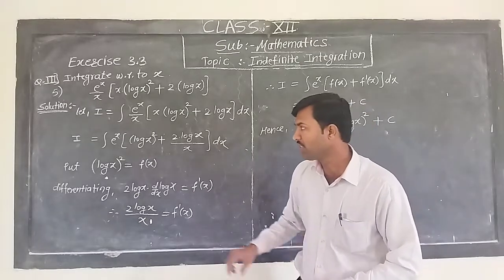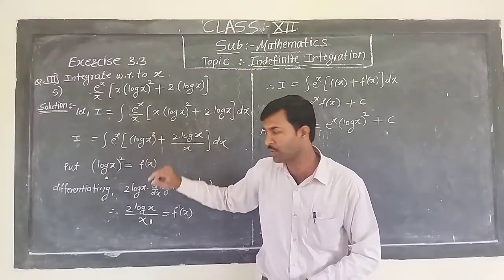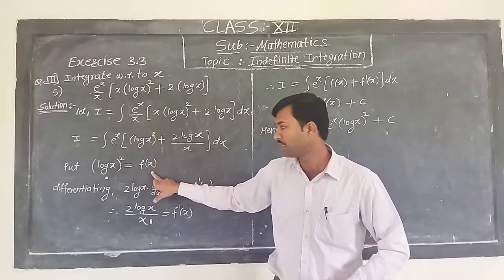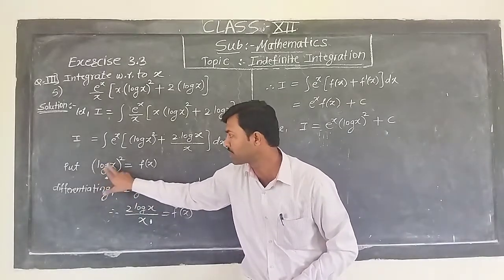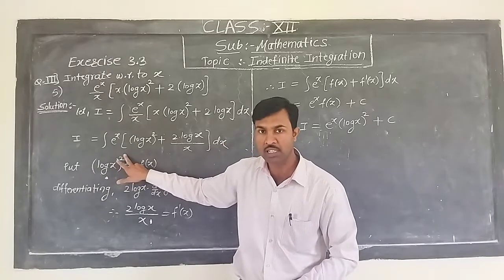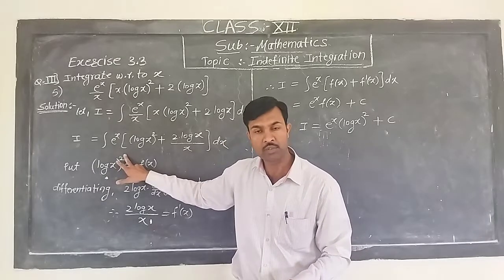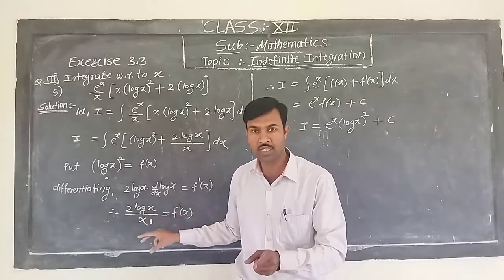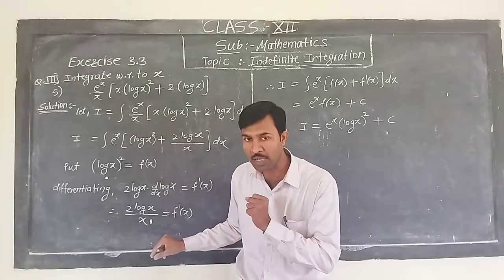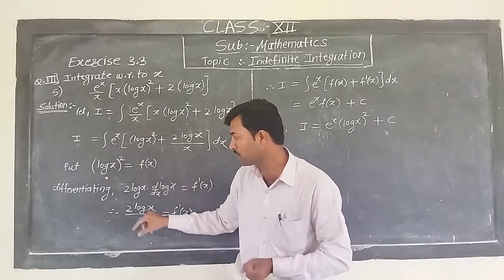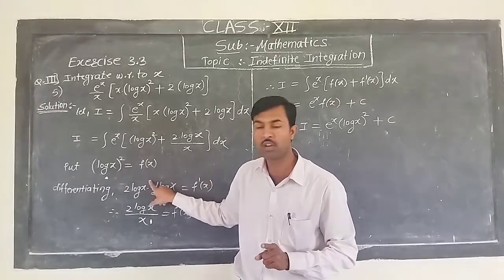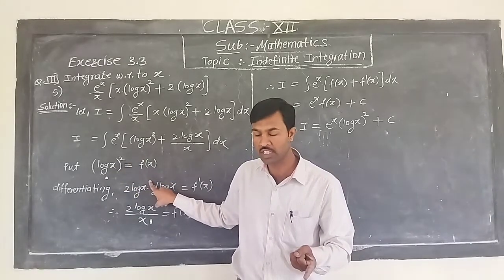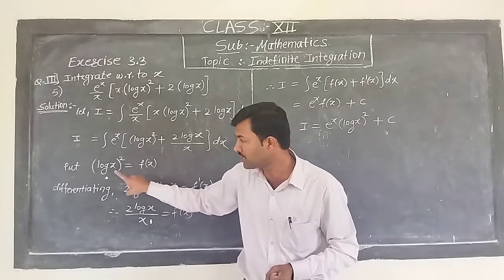Now, if I replace this log x whole bracket square by f of x, then its derivative will be, here we use the formula for the derivative of x raised to n. By using that formula, its derivative is 2 into, since the derivative of x raised to n is n into x raised to the power n minus 1. So the derivative of log x square will be 2 into log x raised to 2 minus 1, which means 1, not necessary to write 1 in the index, into this log x.